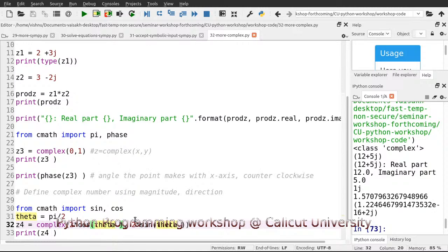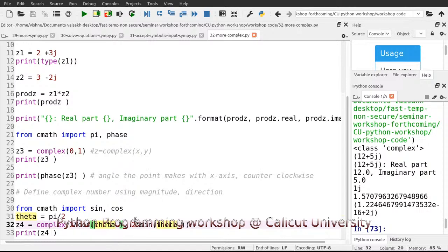So what is this number? This number should have been what we expect the number to be. The number is 2, 0, 2j is the number that we expect.